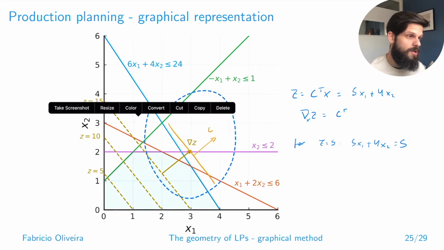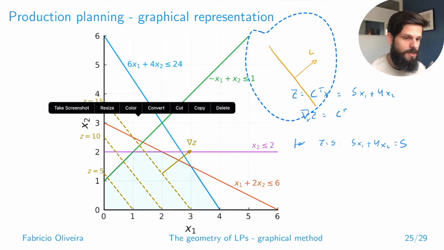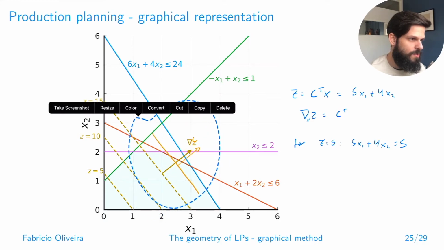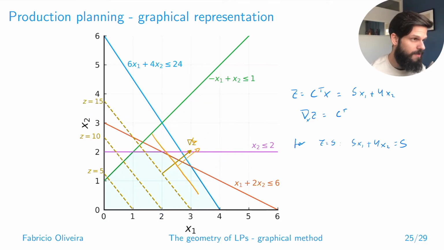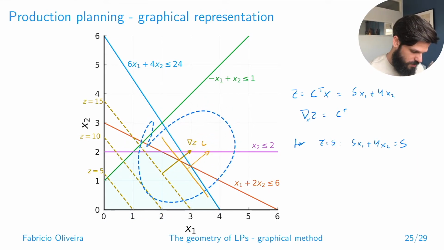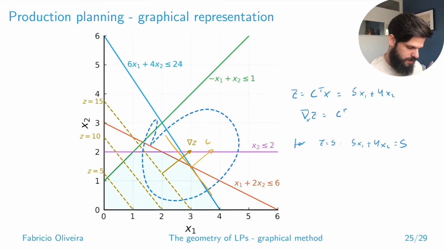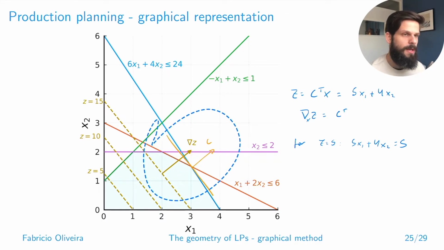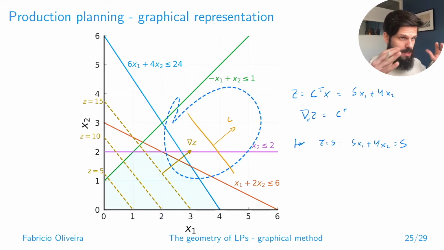Basically, I cannot go all the way to infinity and have an infinite profit, because I am constrained to be within my feasibility set. So the furthest away I can go is actually when I get stuck to this very point right there. So you can see that the geometry causes an effect that whenever I'm looking at these maximizing solutions, they are always going to end up at the outer skirt of my polyhedral feasibility set.